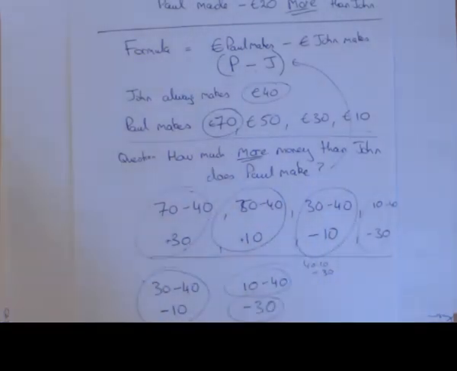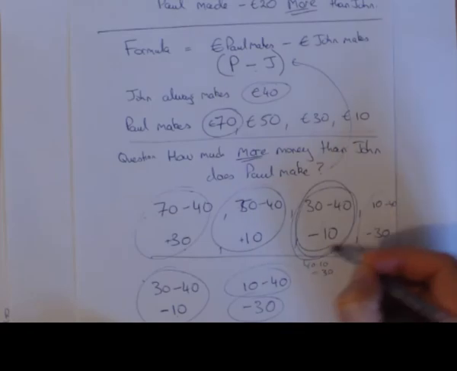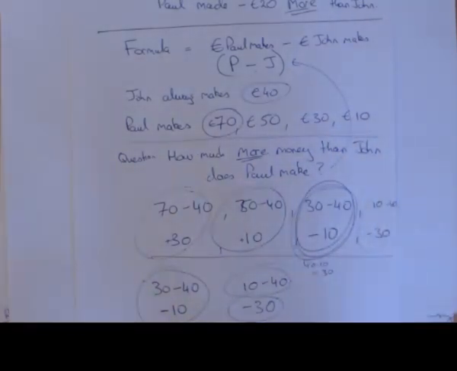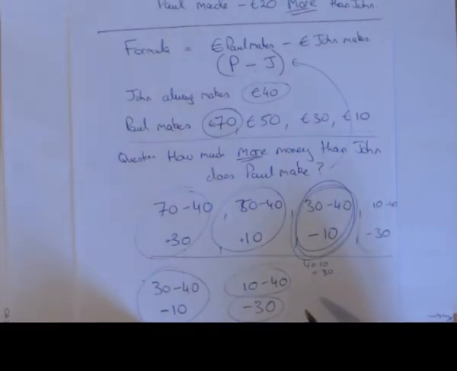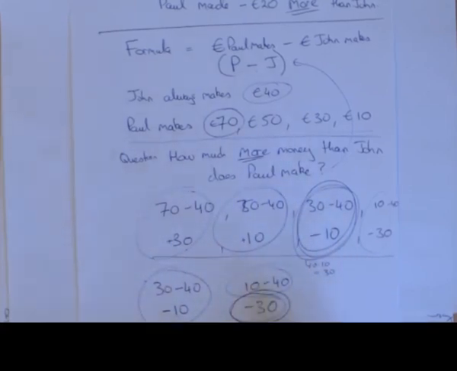So a little bit strange use of English, but in a lot of questions, a lot of spreadsheets, a lot of maths, we have formulas, and we need to be able to have formulas that give answers for the same question. So we just need to learn that minus 30 actually means 30 euro less than John.